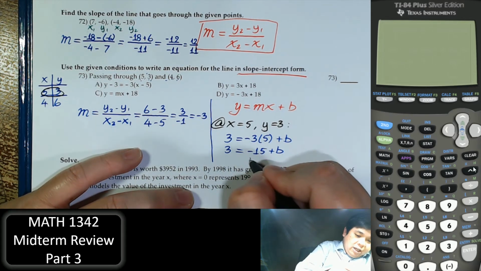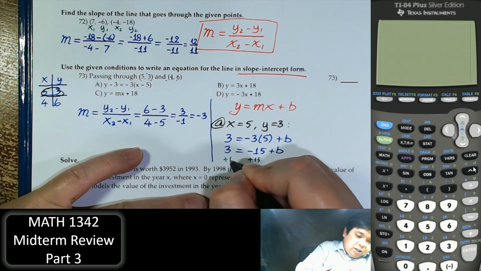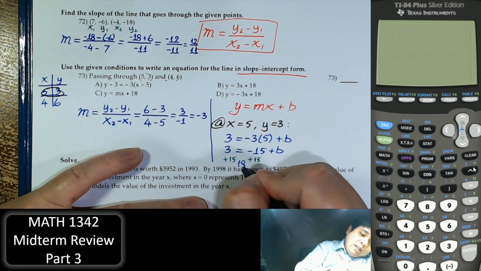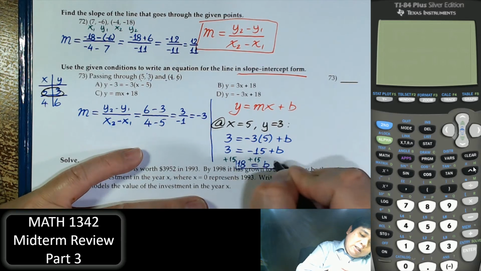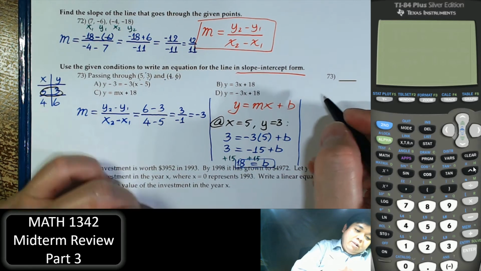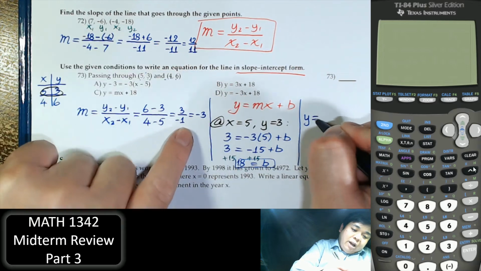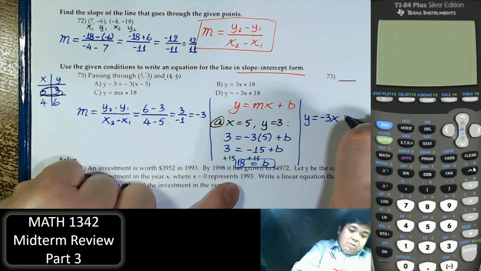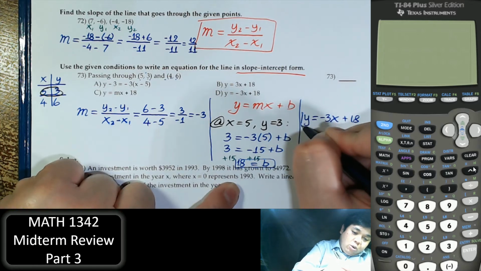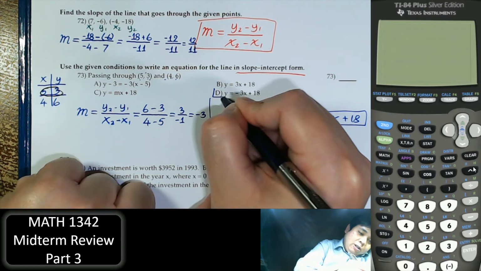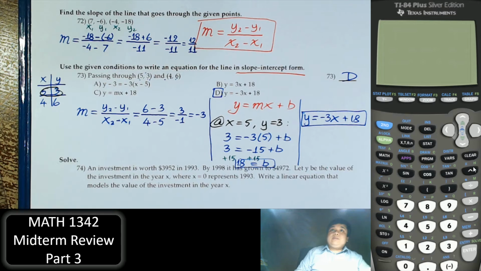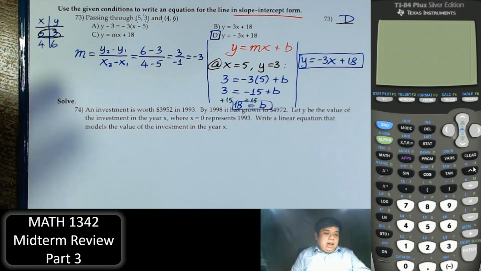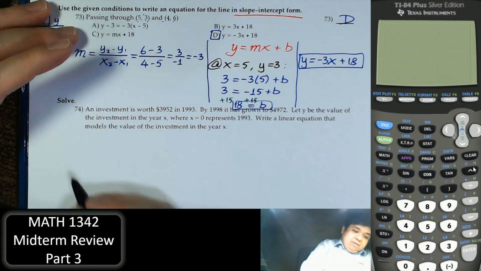To solve for b, plus 15 on both sides. So b equal to 18. So y equal to mx plus b, m is negative 3, b is plus 18. So that is the equation. Right. So pretty much having 2 points, we can find the equation.